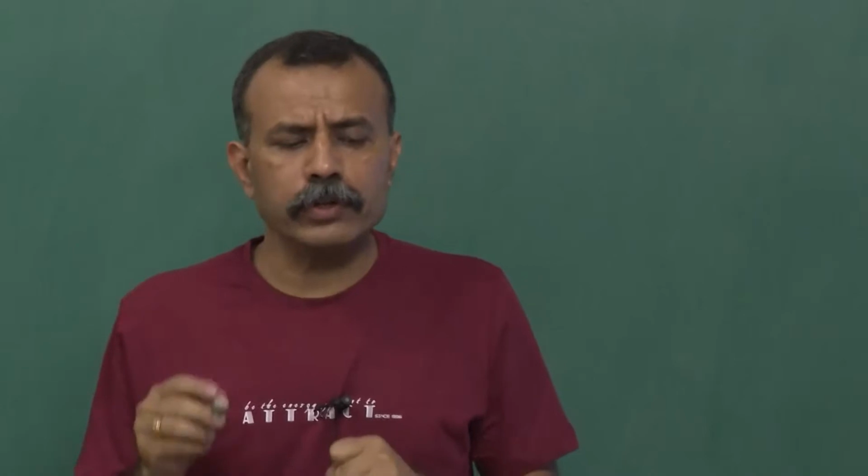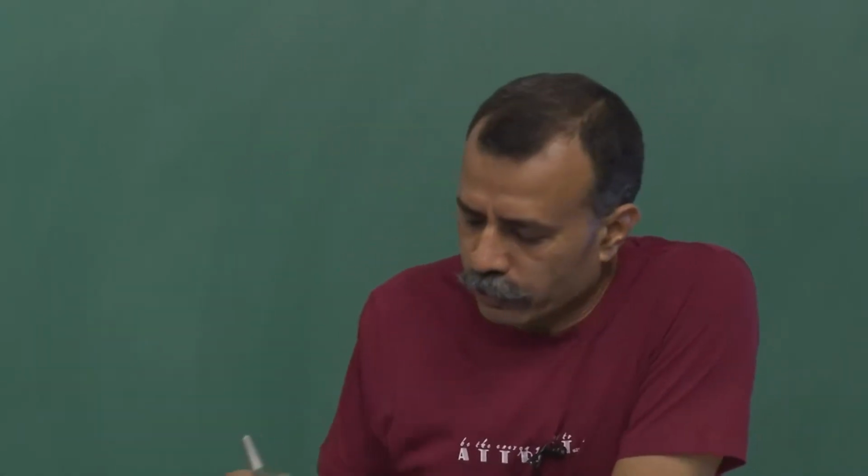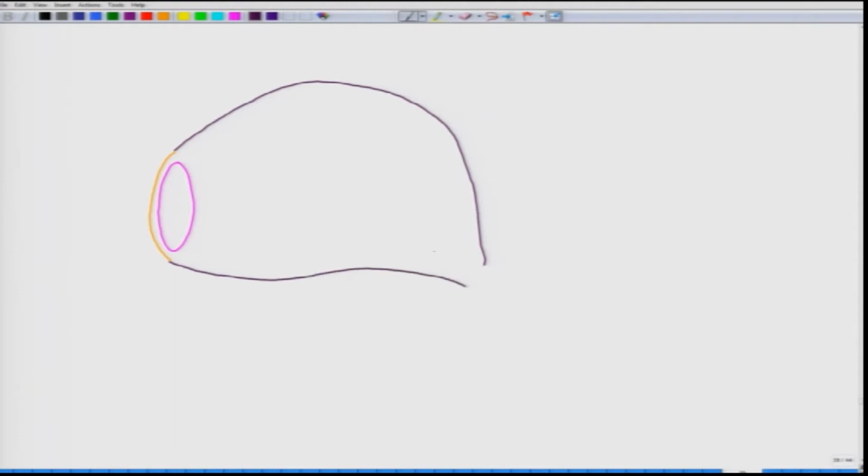So, what is interesting to look at is this. On total aspect, if you look at the eye, so if these are the lens and this is the corneal layer, and this is the retinal layer being shown like this. Of course, you have a blind spot somewhere out here.